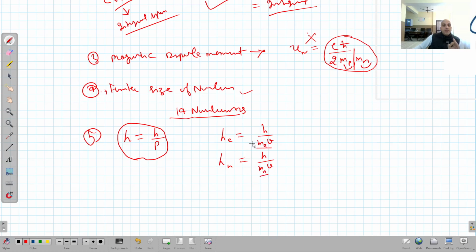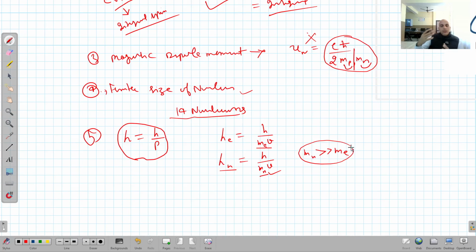So when you calculate the wavelength associated with the neutron, if we treat it as a wave, it will not be larger than the dimensions of the atomic nucleus, right?